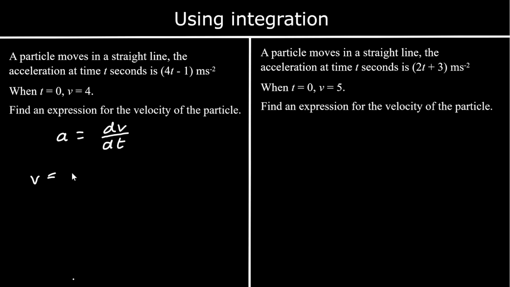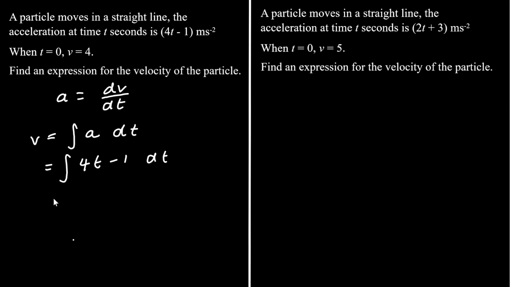So the velocity is the integral of the acceleration with respect to time. So it's the integral of 4t minus 1 with respect to time. Add 1 to the power, divide by the new power. So that would be 2t squared minus t plus c.